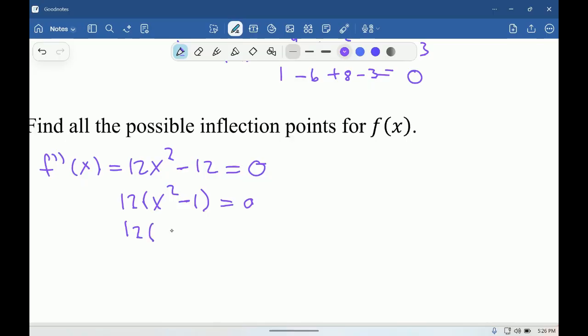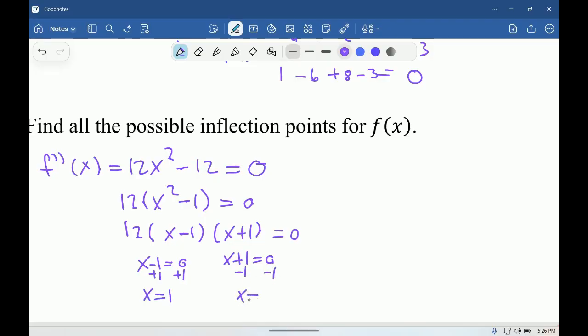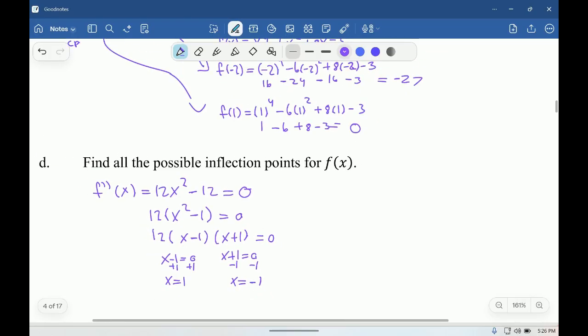We're going to keep factoring. (x minus 1)(x plus 1) equals 0. And then we're going to set these to 0. x minus 1 equals 0. x plus 1 equals 0. Plus 1, plus 1, minus 1, minus 1. x equals 1. x equals -1.